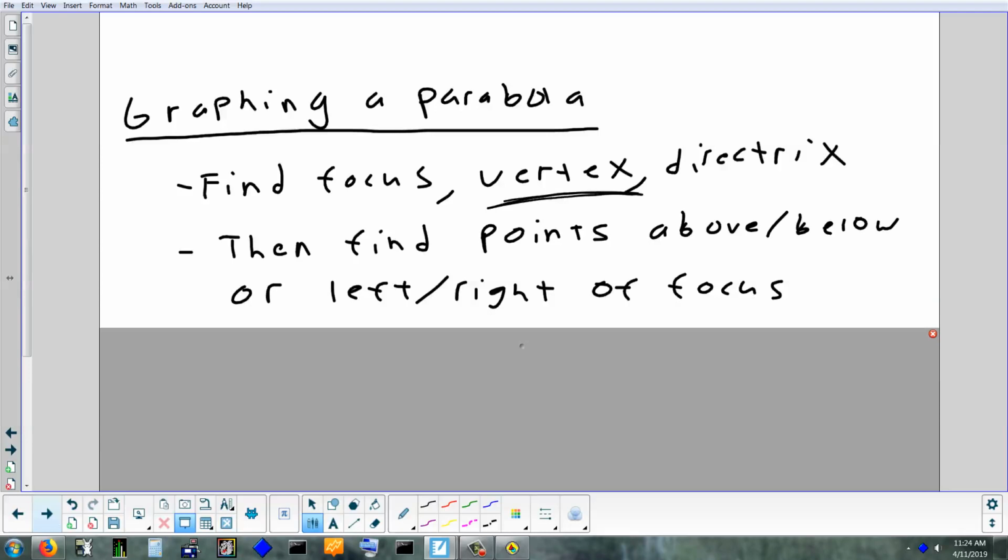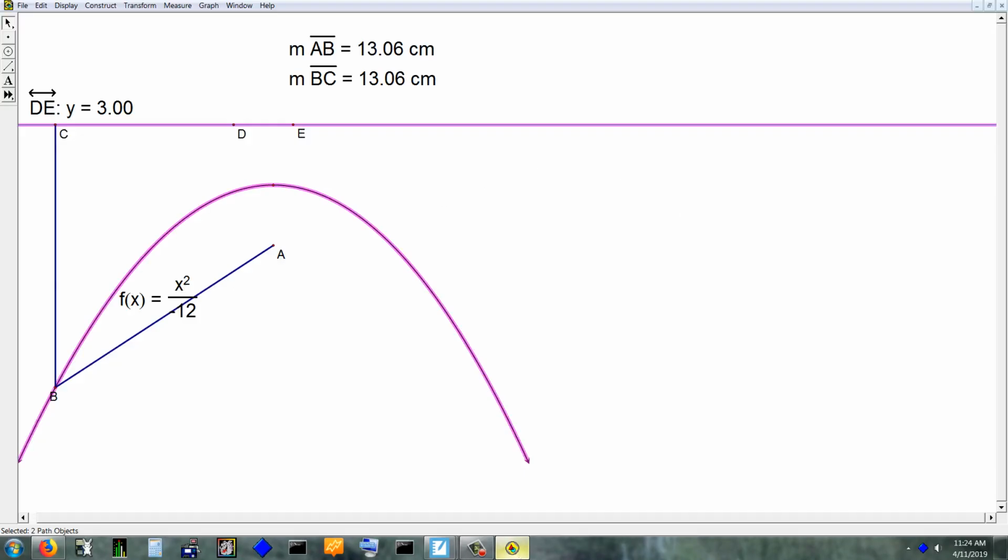If we go back and look at the picture, the focus is just an imaginary point inside the parabola. The directrix is an imaginary line that the parabola bends away from. So that's important to remember. When you graph it, the parabola bends away from the directrix and around the focus. The parabola always wraps right around the focus.